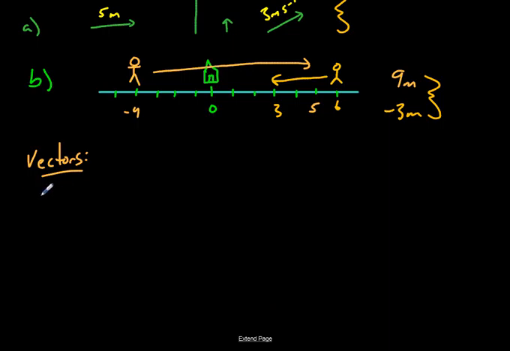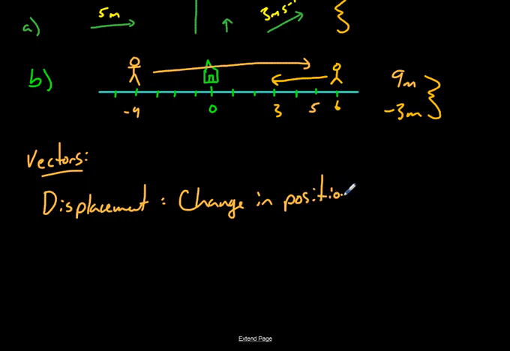Well, one famous one would be displacement, which is change in position. And in words, vectors are often just like this. So for example, you might get 5 meters east. That's a vector. It has a magnitude and a direction, right?